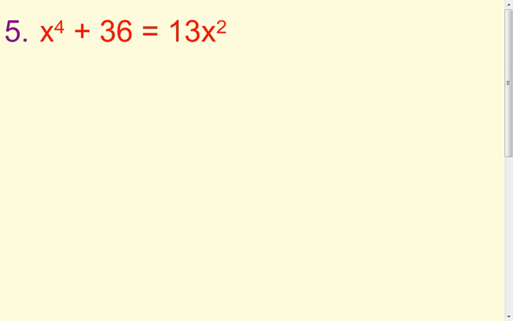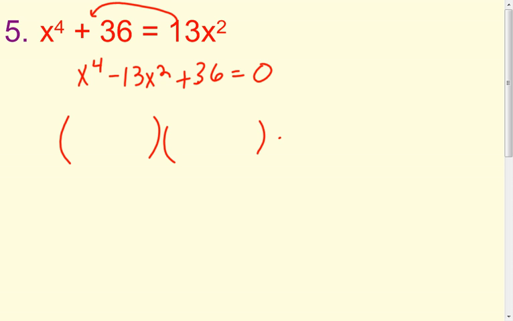All right, then this one's a little bit different. I'm going to move that 13x squared back here. So I have x to the 4th minus 13x squared plus 36, oops, equals 0. Okay, this you can actually factor as a trinomial, but it does factor a little bit differently.